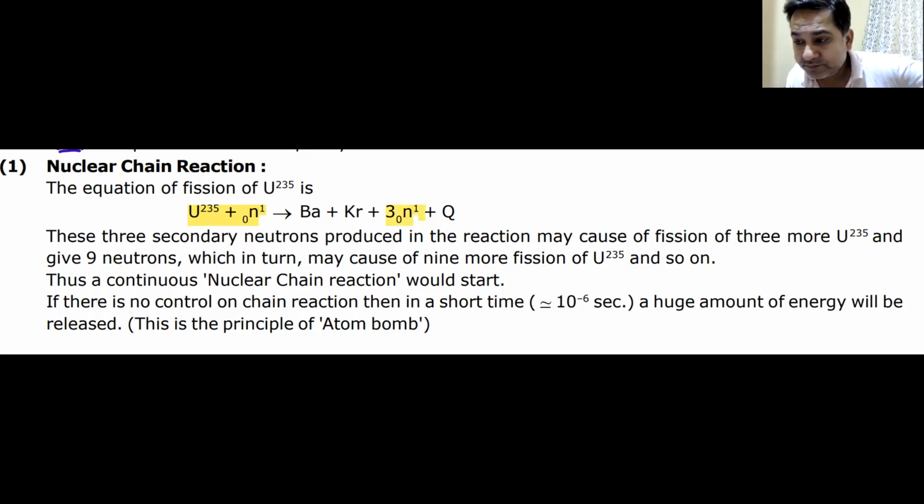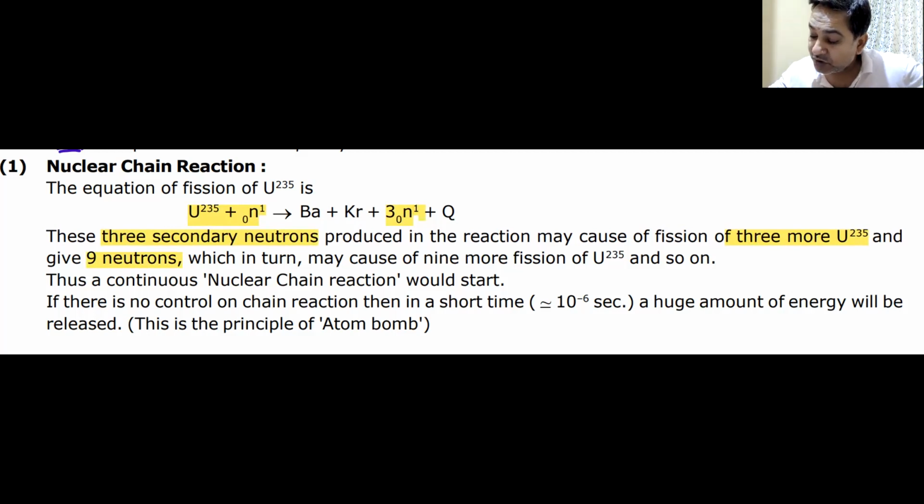Yes or no? Now, these 3 secondary neutrons can cause the fission of 3 more U-235, and I will have 9 neutrons, and after 9, 27, and so on. I will have a large number of neutrons which can cause the fission of a large number of U-235.